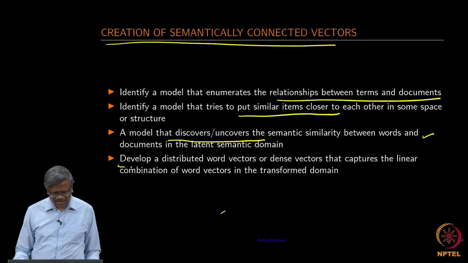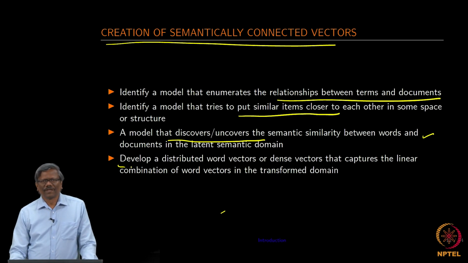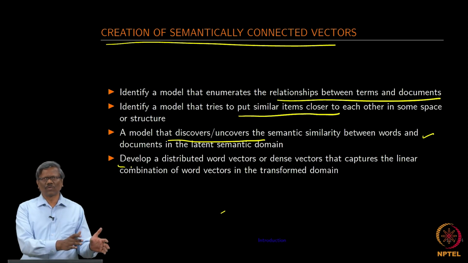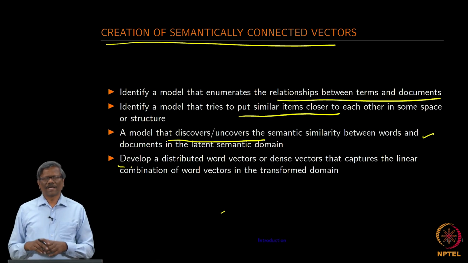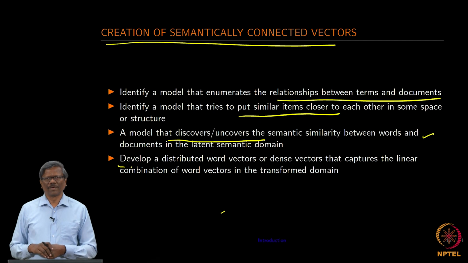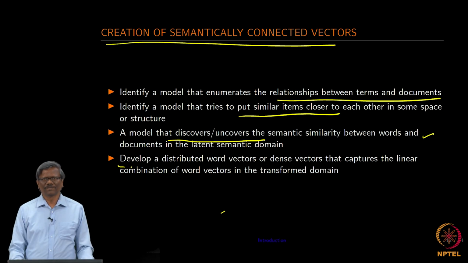Develop distributed word vectors or dense vectors that capture the linear combination of word vectors in the transform domain. For example, when you are transferring from one domain to the other, what happens in the transform domain? So, the words are transformed into a different set of vectors.